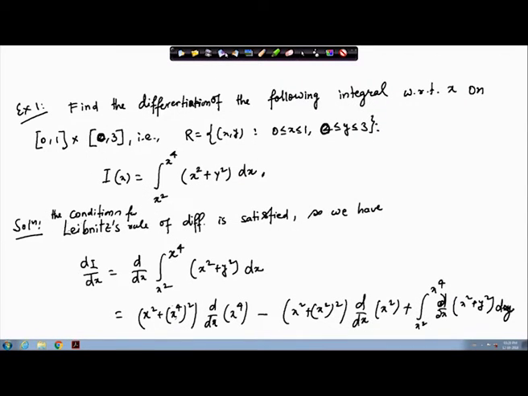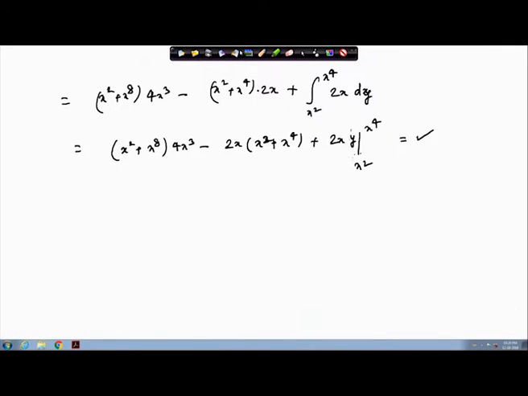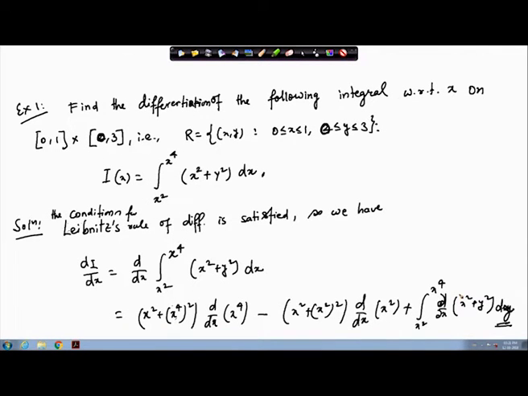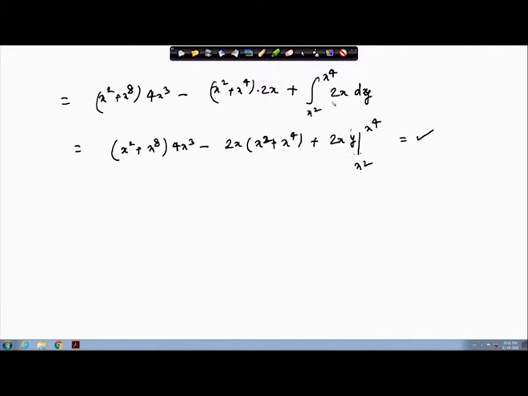Sorry, the integral here has to be with respect to y. Yes, so if we integrate with respect to y, then we will basically obtain a y here, and this is of course 2x, so this will be 2x times y, and the limit we can substitute x to the power 4 and x square, and then we calculate, which is basically a calculation of a simple algebraic expression.